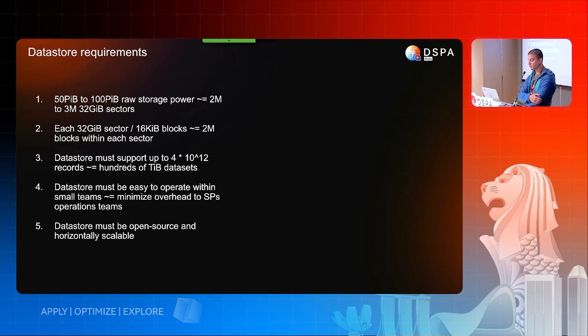So the data store must support up to 10 to the power of 12 records, which comes up at about a few hundred terabyte data sets. There are not that many databases out there that can provide that kind of scale.